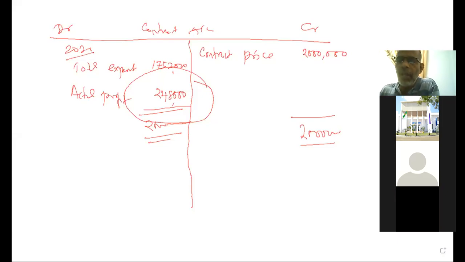I have given the explanation based on the LKS 11. After that, we have discussed how to record accounting for contracts less than 1 year and more than 1 year. We have done a couple of examples, less than 1 year and more than 1 year consecutively. If there is any doubt, ask me. No doubt? Understood?